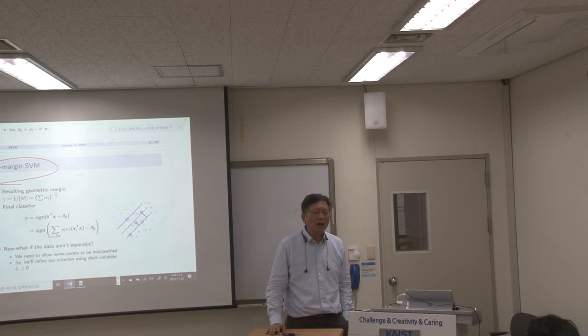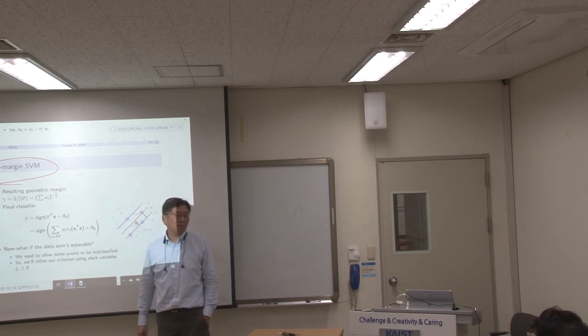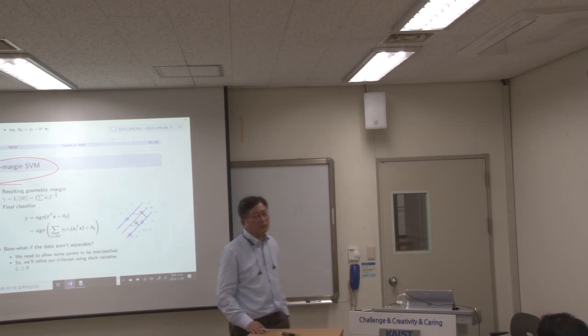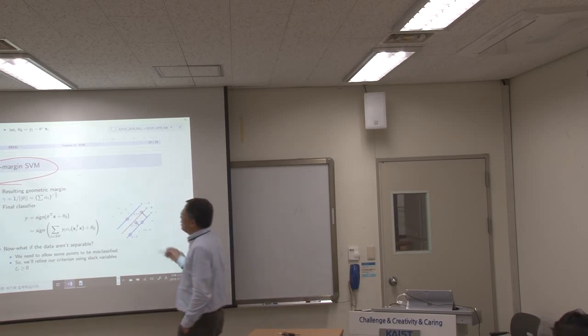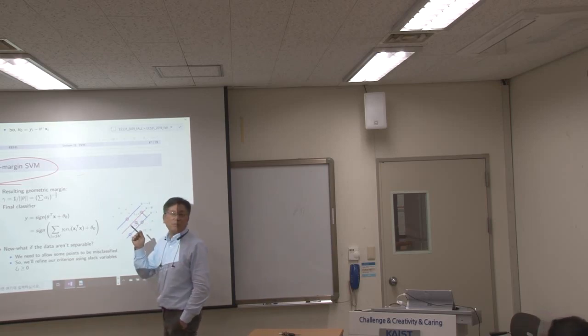I'm going to allow some training data to be inside the road. But I want to minimize the distance, the sum of distances away from where it should be.